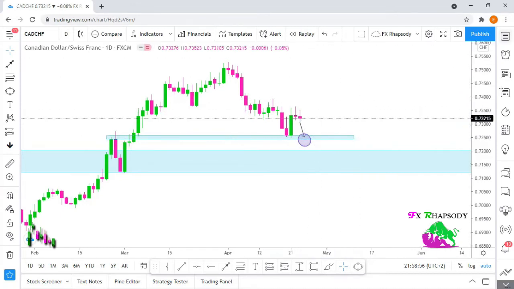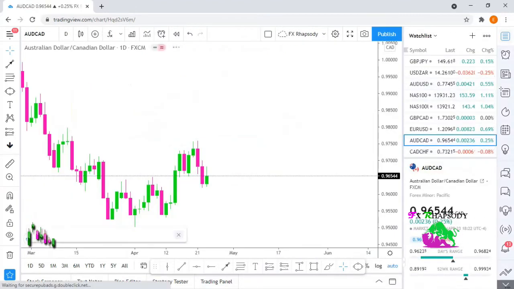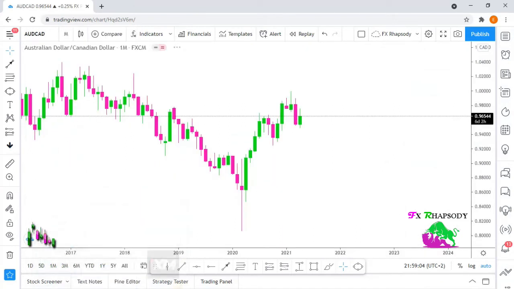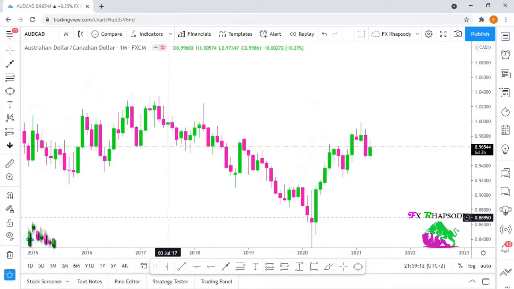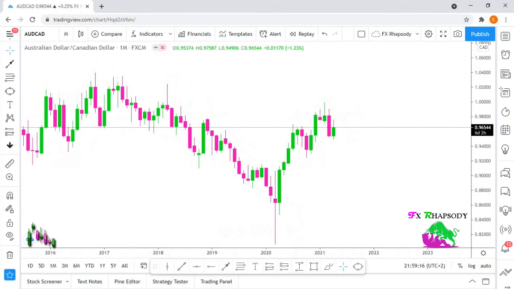Okay, so let's move on to the Australian dollar, Canadian dollar. Let's move to the monthly time frame. On the monthly time frame, let me move the chart a bit more. There we go.